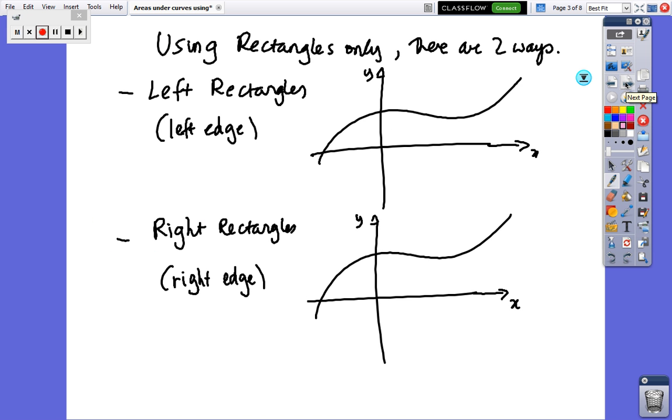So, if I'm using rectangles, there are two ways. There's left rectangles, where you join the left edge, and you might join another left edge, and then you might have another left edge, and each time you have that, there's always space. So the left rectangle is usually smaller than the real answer.